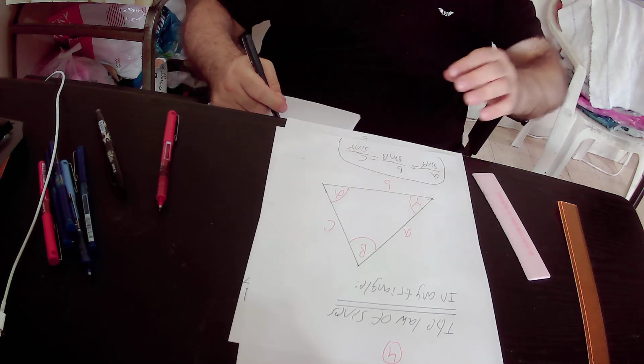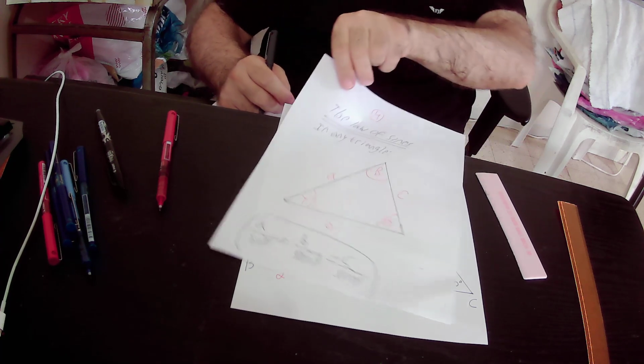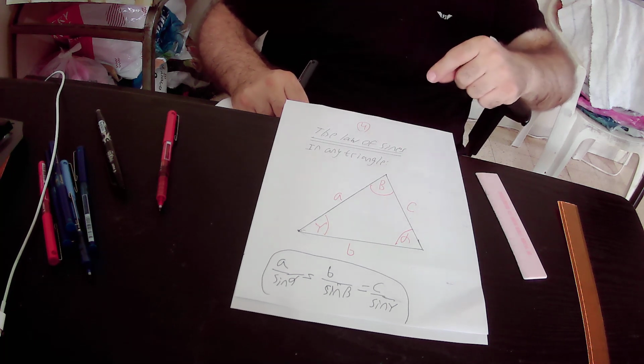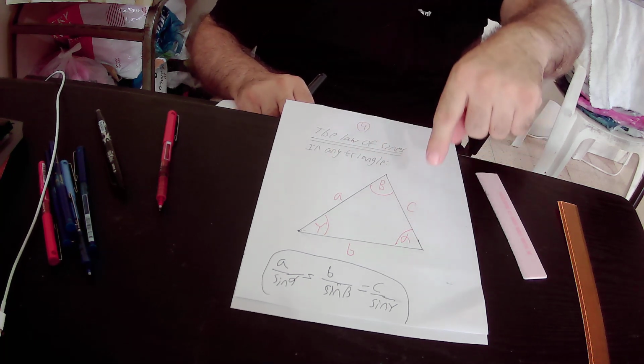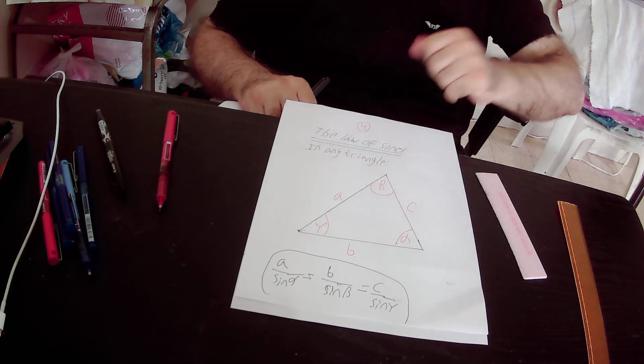Okay, so in any triangle, the following relationship exists between the sides of the triangle and its angles: A over sine alpha equals B over sine beta equals C over sine gamma.